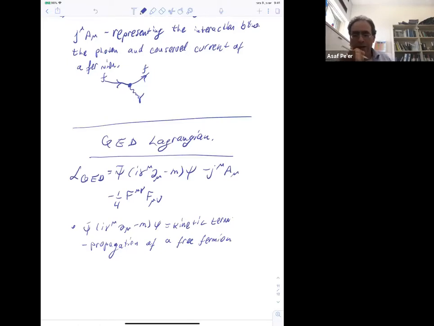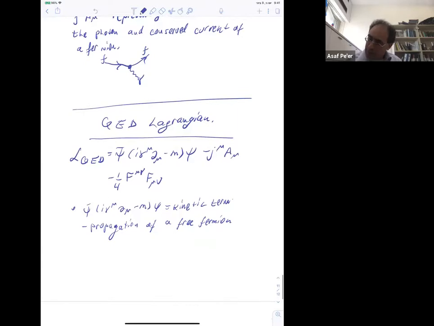Remember how we got that: this was the requirement of conservation of fermion momentum and angular momentum. The second kinetic term, minus 1/4 F_mu nu F^mu nu, is the kinetic term of the free photon.